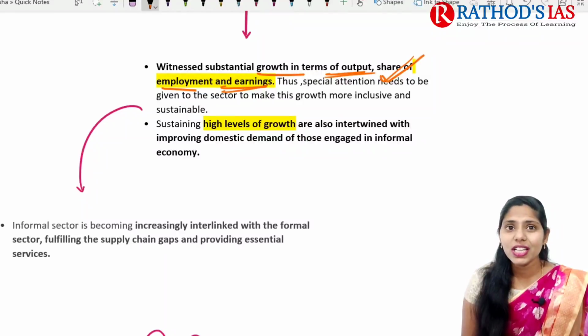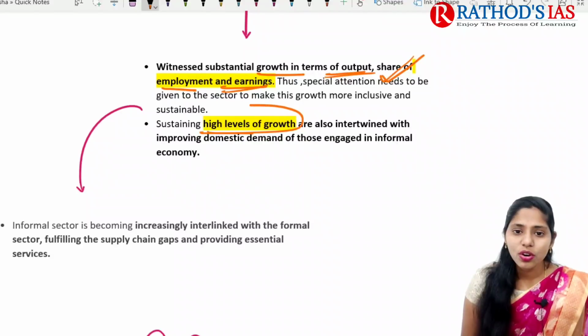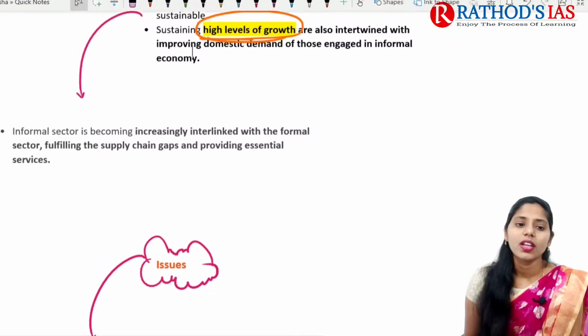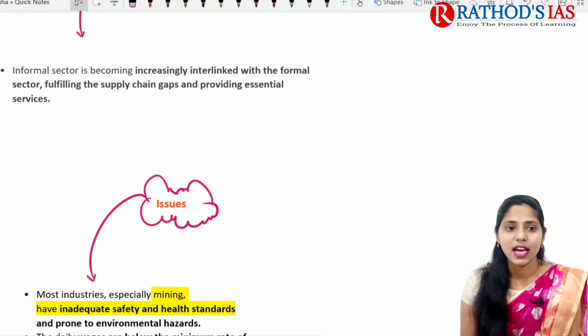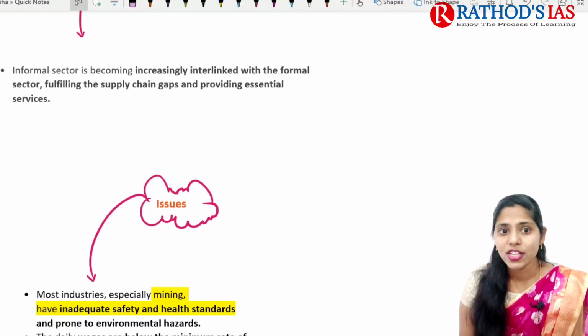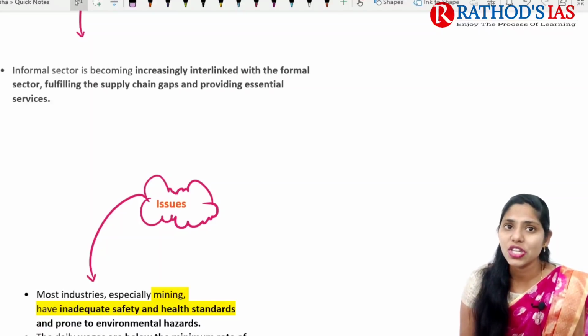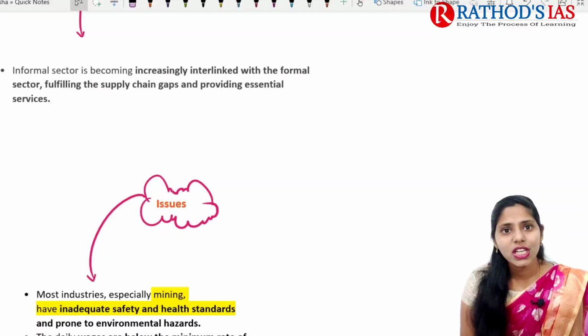So special attention needs to be given to this sector, and we also need to focus on high levels of growth. The informal sector is also becoming increasingly interlinked with the formal sector, for example, in supply chain gaps and in providing some essential services. In this way, the informal sector is also providing opportunities.